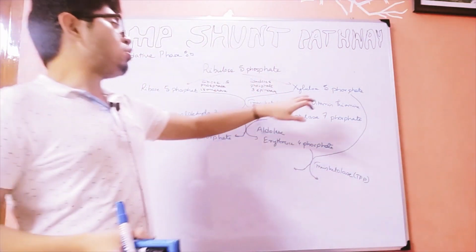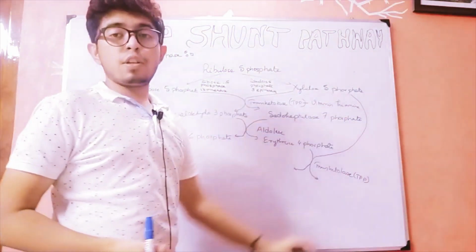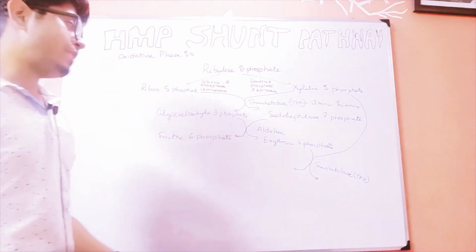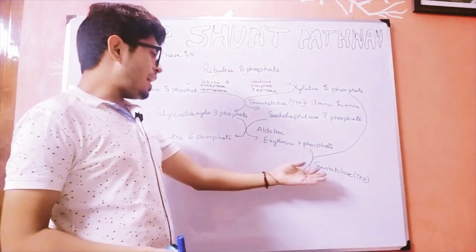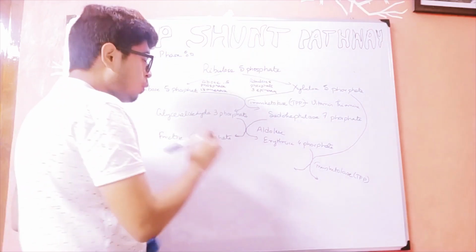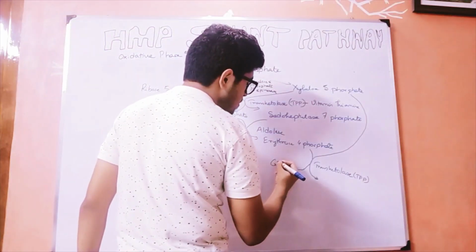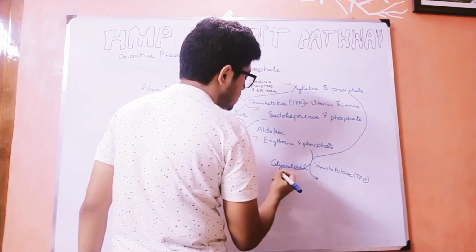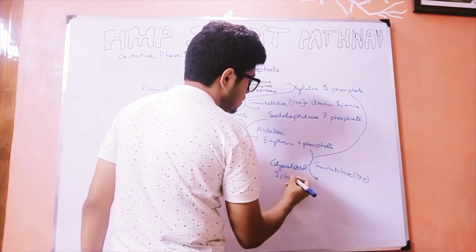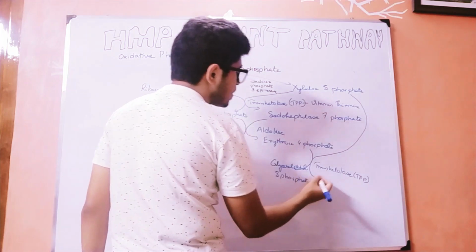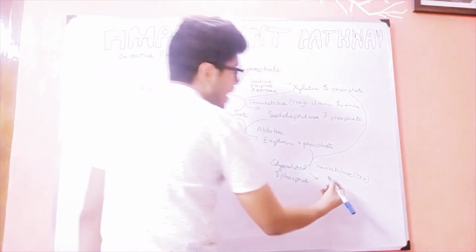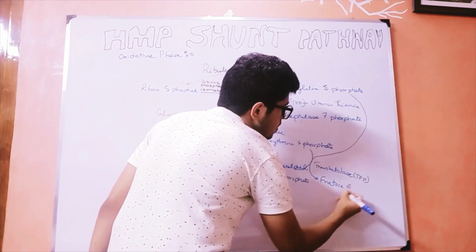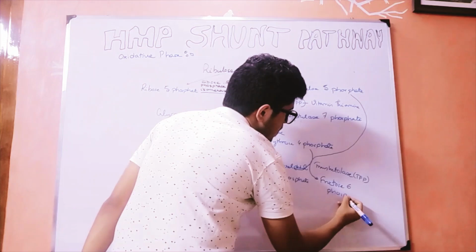So here we know that xylulose 5-phosphate is a ketose and erythrose 4-phosphate is an aldose. Thus we get one product as glyceraldehyde 3-phosphate and the other product as fructose 6-phosphate.